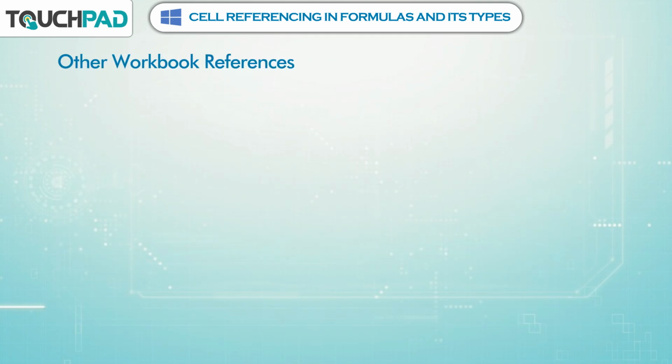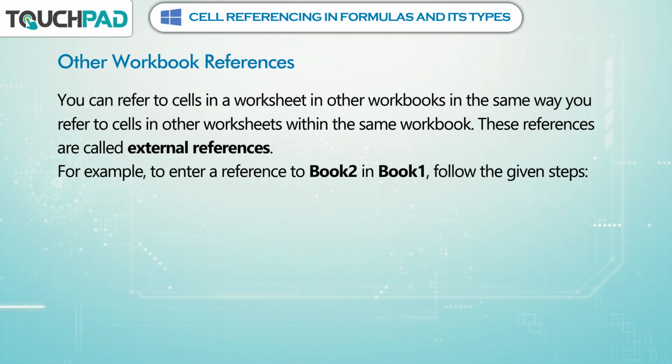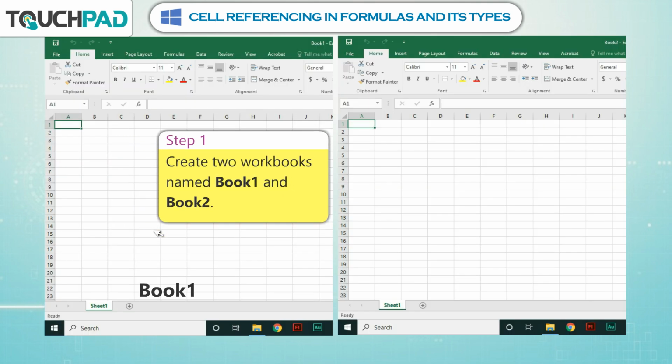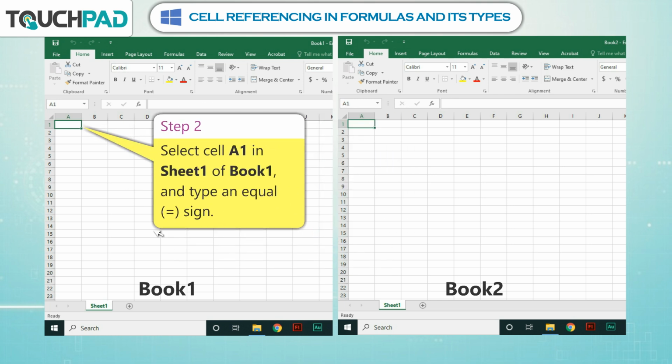Other workbook references. You can refer to cells in a worksheet in other workbooks in the same way you refer to cells in other worksheets within the same workbook. These references are called external references. For example, to enter a reference to Book2 in Book1, follow the given steps. Step 1. Create two workbooks named Book1 and Book2. Step 2.